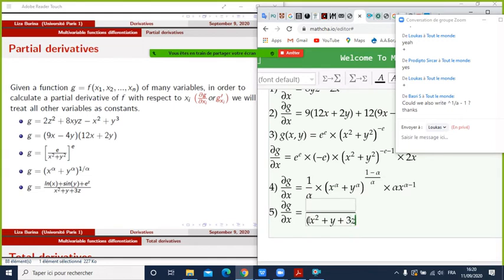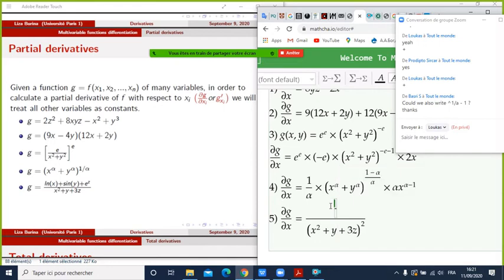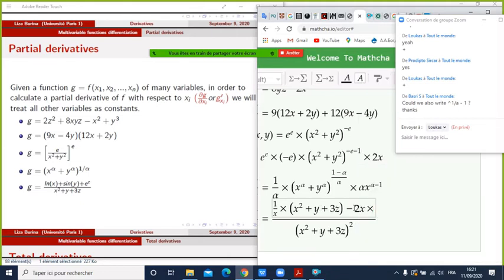All of that squared, and then for the numerator, okay, follow so I don't lose anything: 1 over x times all this, minus 2x times ln x plus sin plus e to the power of z.